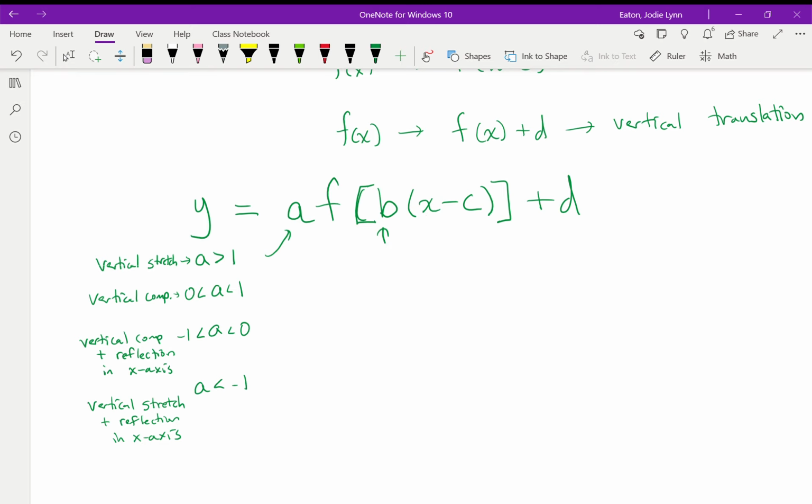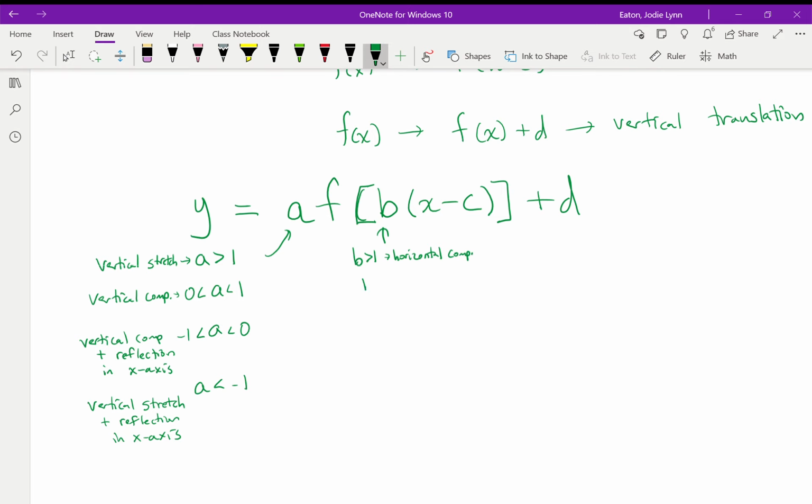But because it's acting on x, what I like to think of is larger values of b speed up what's happening to the function, which gives you a horizontal compression. So if we have b greater than 1, a larger number there, we are speeding things up, so we get a horizontal compression, which is the opposite of what happens with our a's.